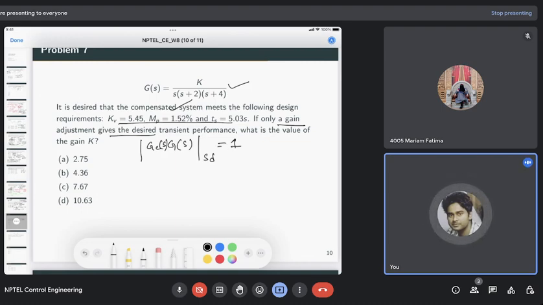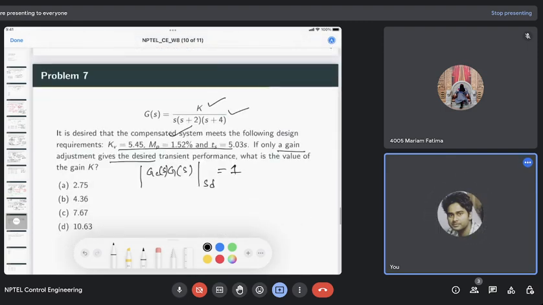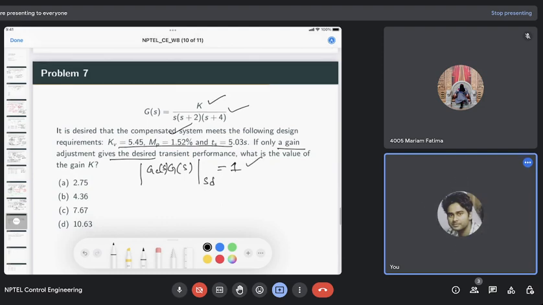So this is the magnitude condition, right? If that point lies on the root locus, then the magnitude should be 1. And now from this k value we can find what magnitude of k would put this dominant pole in the desired location on this root locus.